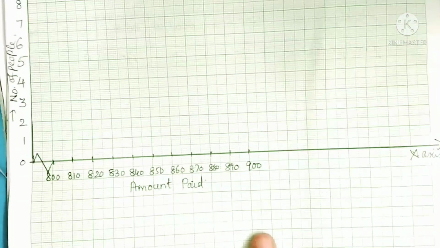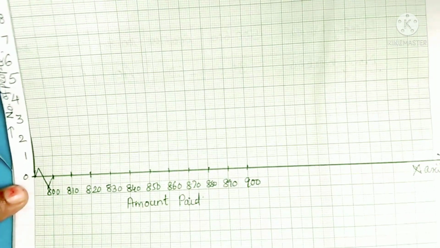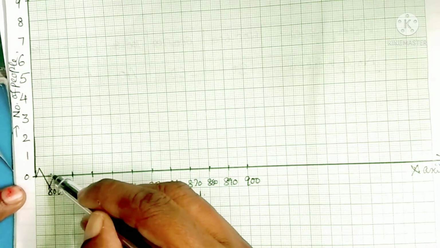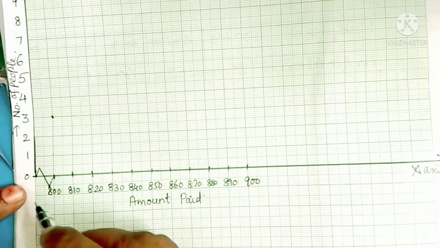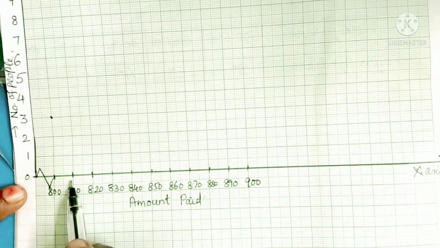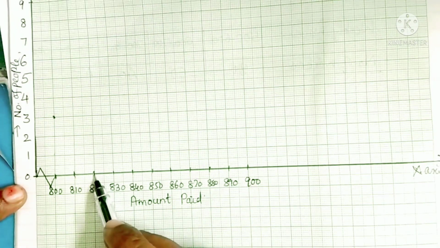Okay. Now let us find out how many people got 800 to 810. It is 3. So count here from 1, 2, 3. So this is the point. And the next one, that is 810 to 820.